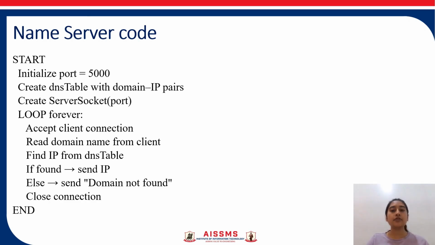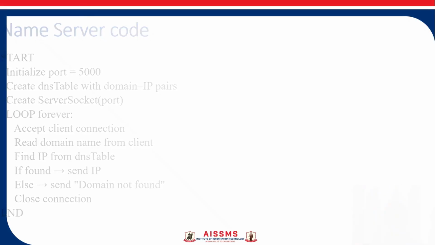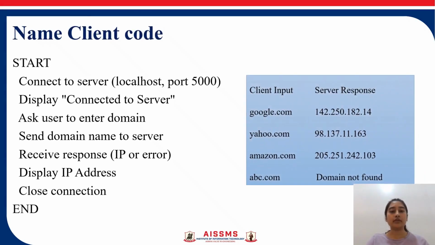Now, let's move on to the client programming. The client connects to the server running at localhost on port number 5000 using a socket object. Once connected, it displays the message connected to the server. The client then asks the user to enter a domain name like google.com. It sends the domain name to the server through an output stream.